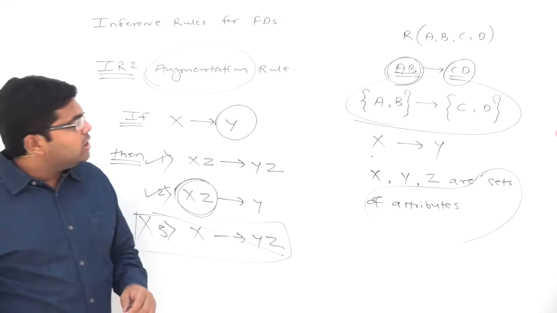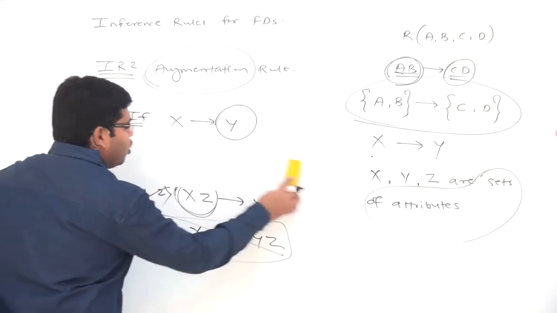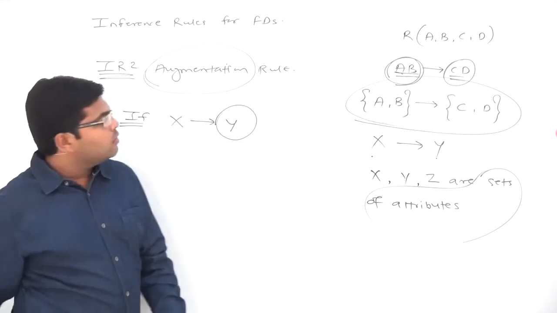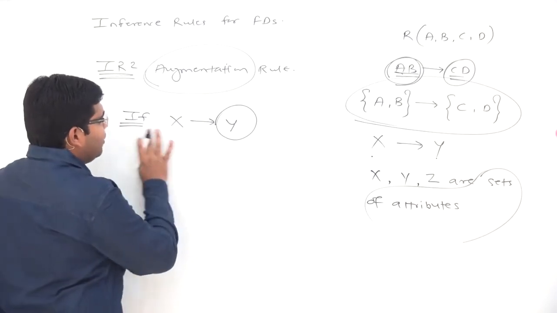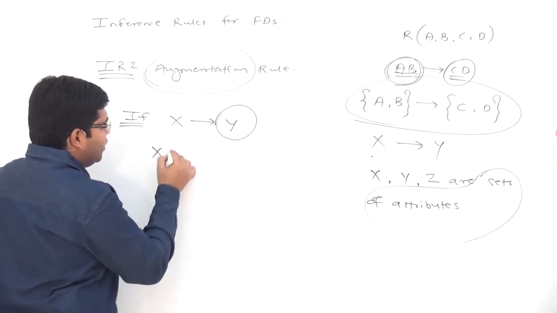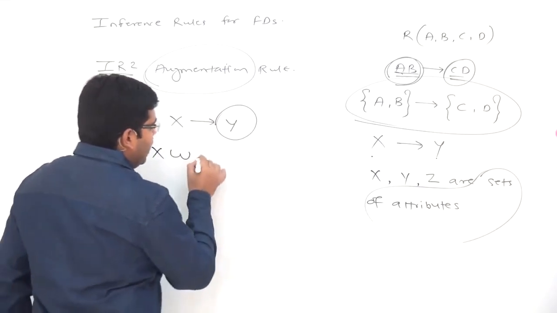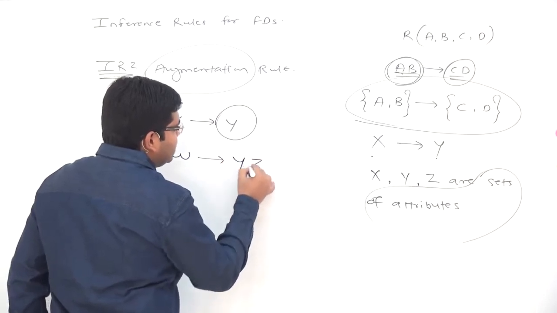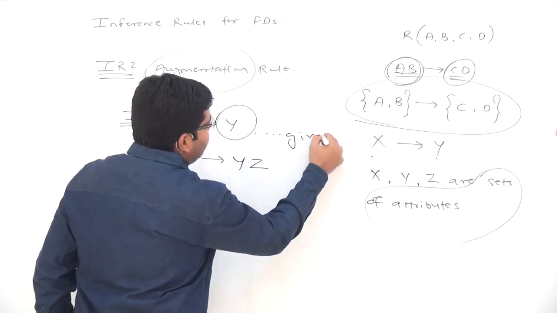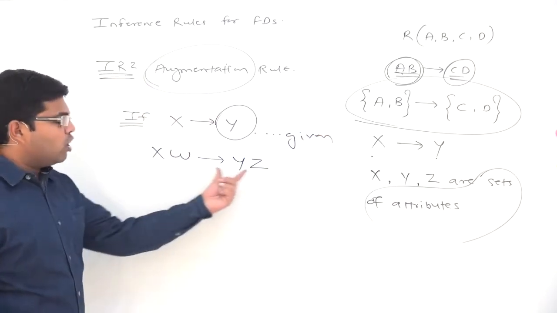Let's see a more general format of augmentation rule. Say you have been given x gives y, and you augment the left hand side with w and you augment the right hand side with z. So x gives y is a given FD, and there is an augmentation on both the sides.